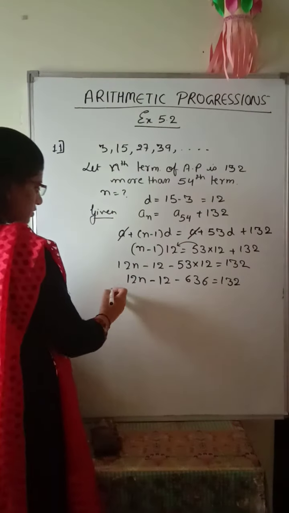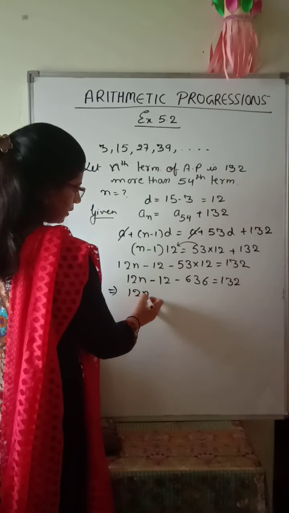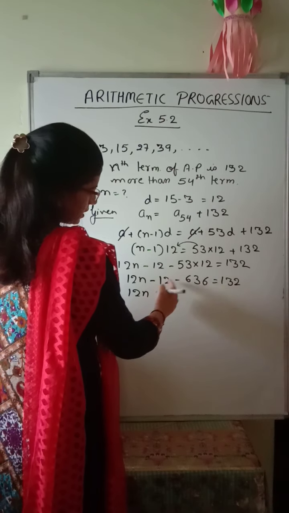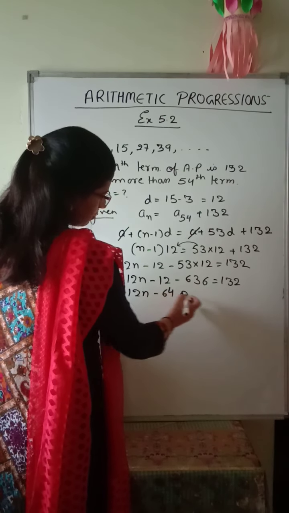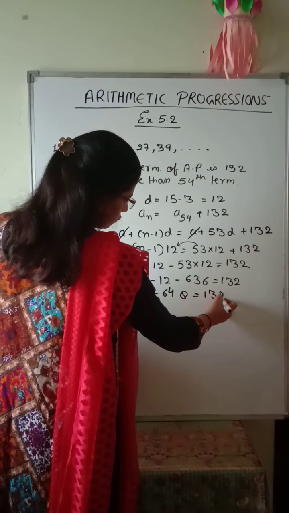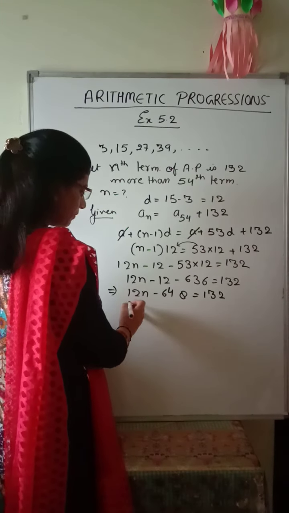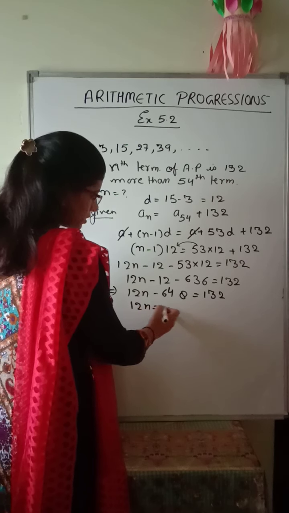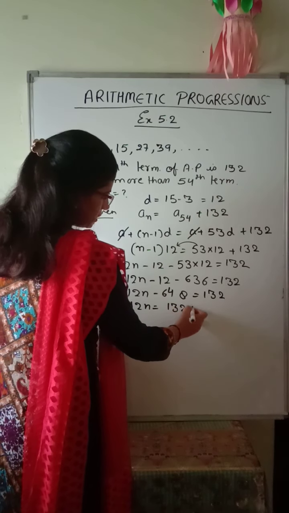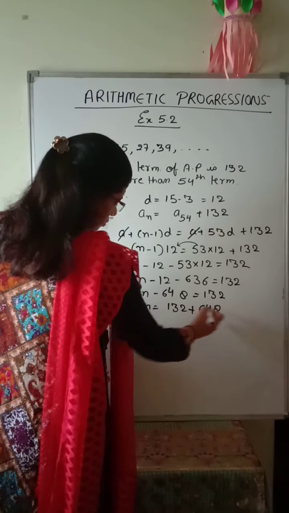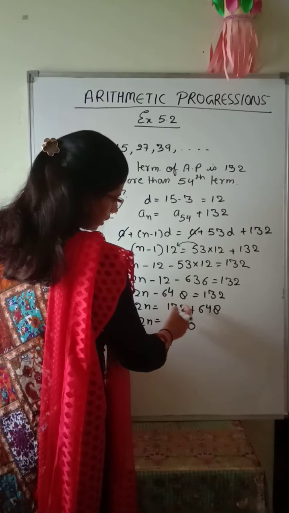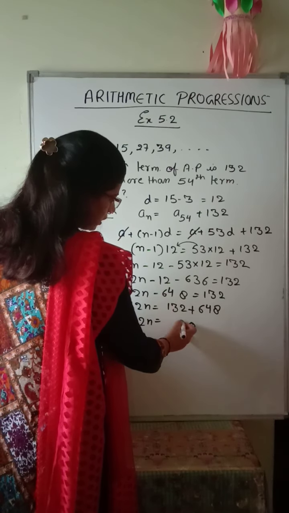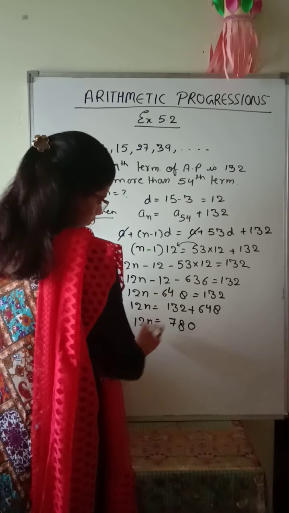So we will solve this. So 12n minus 12 plus 636 is 648, minus 648 equals 132. Let us bring this side. It will become add. It will be added to this. 132 plus 648. So 12n equals 780.